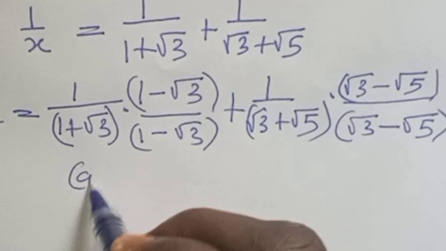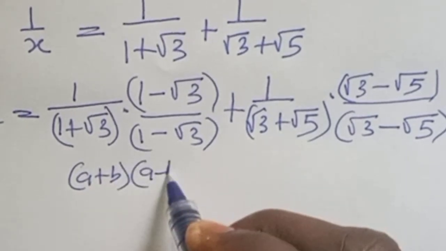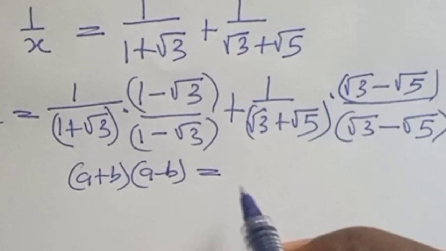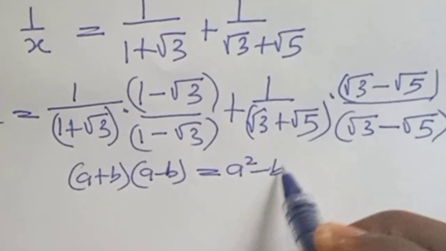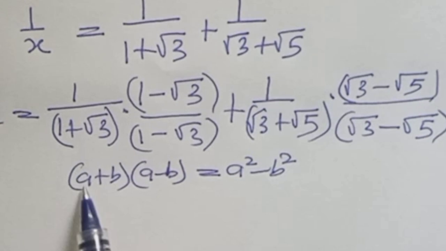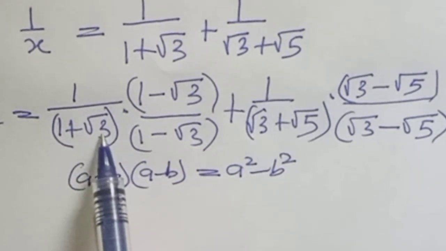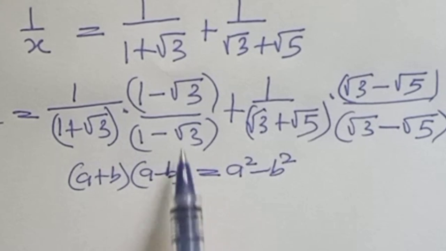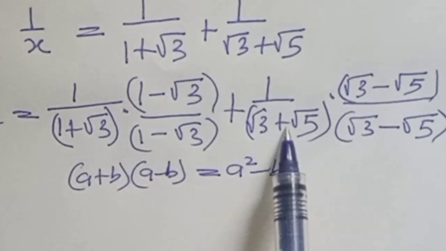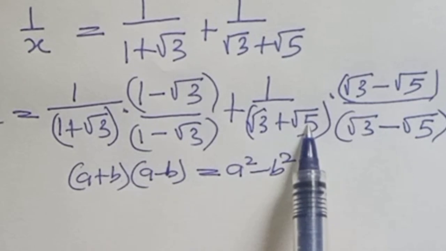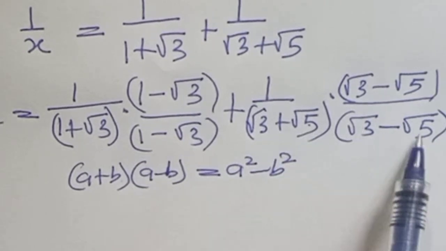But recall that a plus b times a minus b is given to be a squared minus b squared, where a is 1 and b is square root of 3, and a is 1 minus square root of 3. Here a is square root of 3 plus square root of 5 and a square root of 3 minus square root of 5.